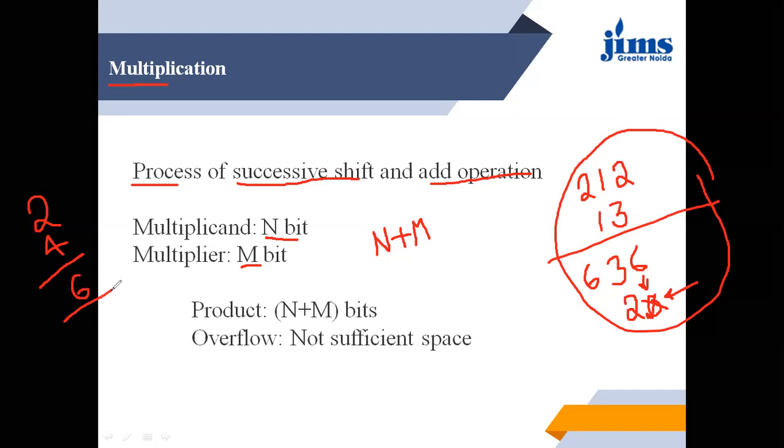I will show you this by an example also. Suppose I have a 2-bit number.